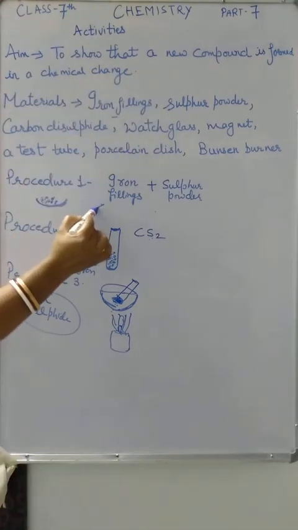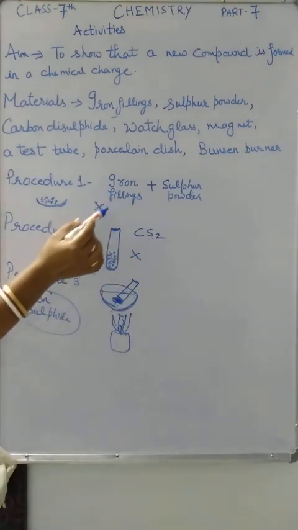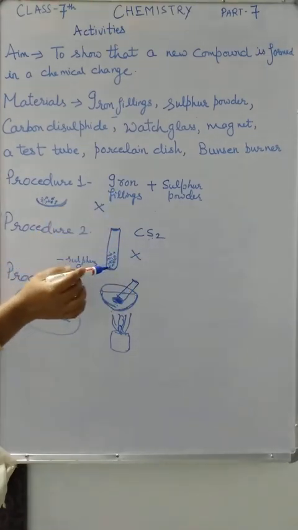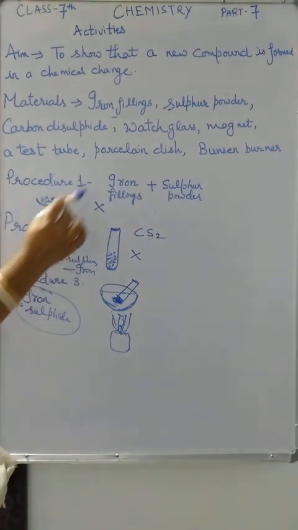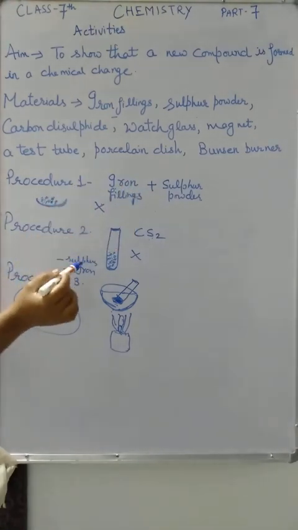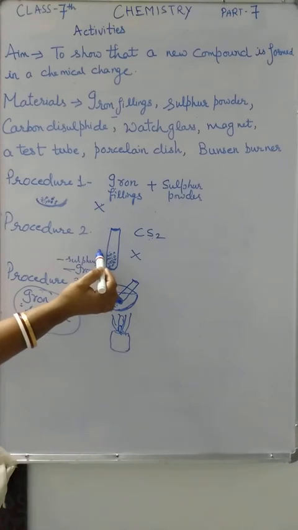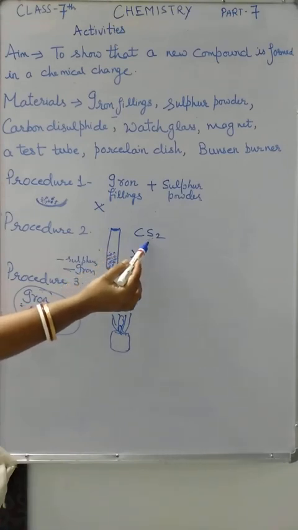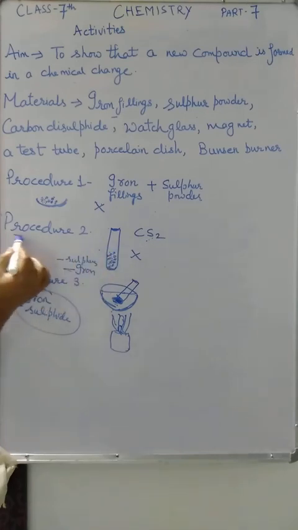The first two procedures are not chemical changes, because these substances are not losing their properties. They have their properties after the change also. After the mixture, iron filings are not losing their property. After the mixture of iron filings and sulfur powder in carbon disulfide, sulfur powder is not losing its property in procedure number 2.